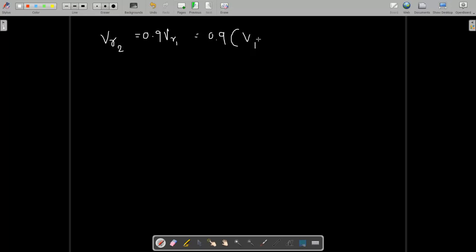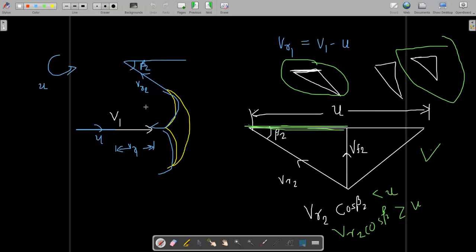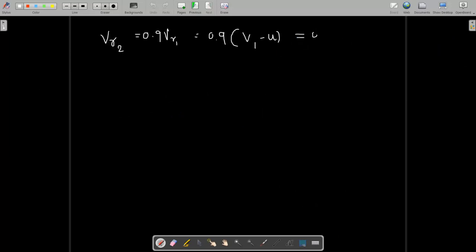V1 minus U, from vector subtraction. So 0.9 times V1 minus U is 0.9 times (70.6 minus 31.42). So here you can find VR2, that is 35.262.